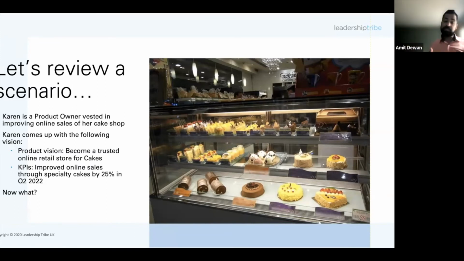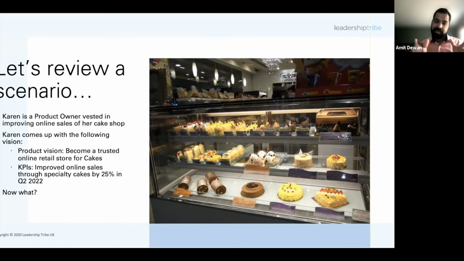Those are the kind of conversations that Karen would now have, not just with the stakeholders but also with the team, to see how we can go from maybe 0% to 25% in the next 3 or 4 quarters. Having that roadmap is the number one item that Karen would now work on building. Roadmaps are a point in time. They will evolve as Karen, stakeholders, and teams learn more.